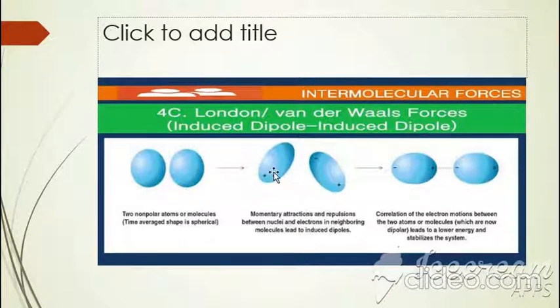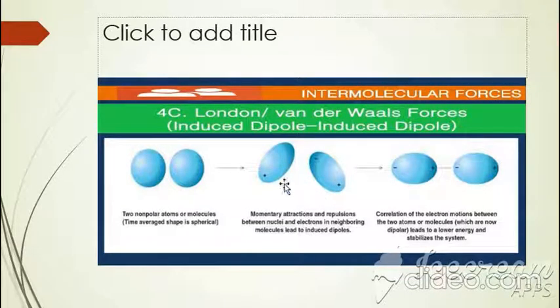This instantaneous dipole repels the electrons of the non-polar molecule and another dipole is created. This other dipole is called the induced dipole because polarity is induced by the instantaneous dipole. Now there are two dipoles. One dipole is called the instantaneous dipole, the temporary dipole. The other dipole is called the induced dipole.